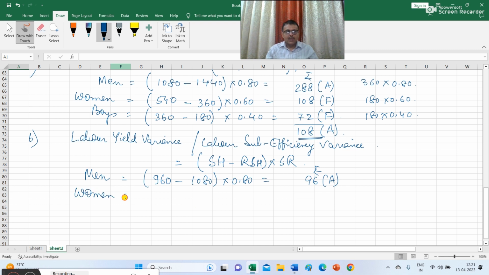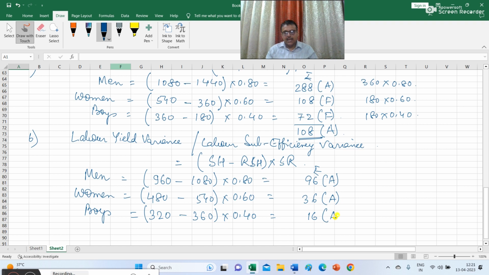Woman, this will be 480 minus 540. Multiply this with 0.60 and you will get 36 adverse. And boys, this is 320 minus 360. Multiply this with 0.40 and we'll get 16 adverse.